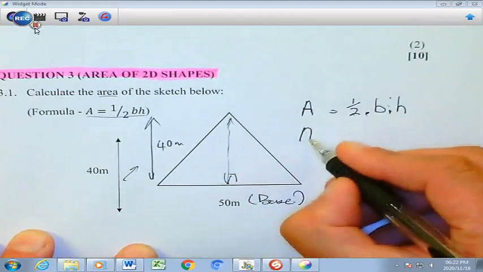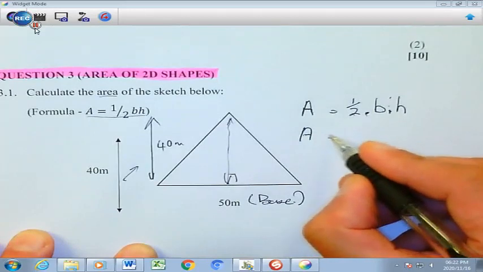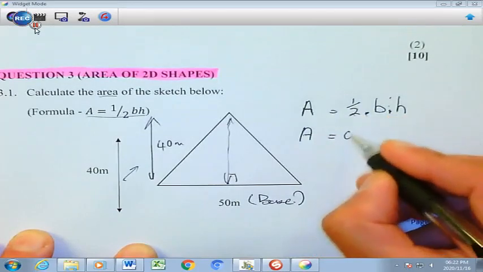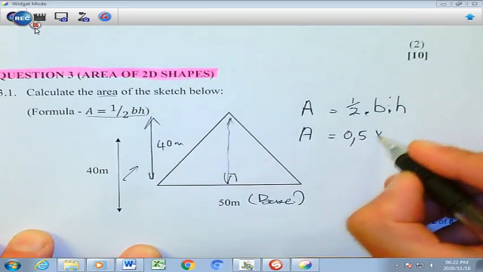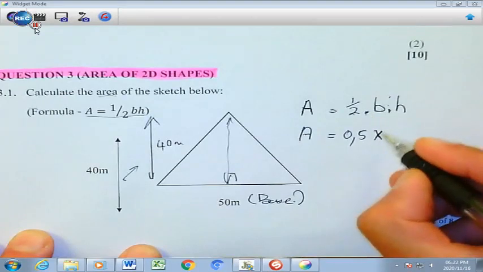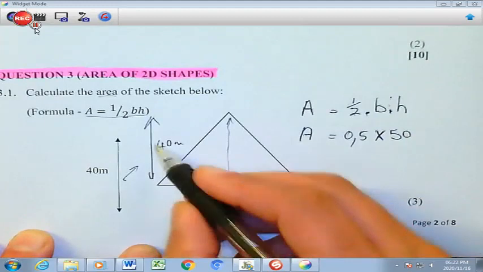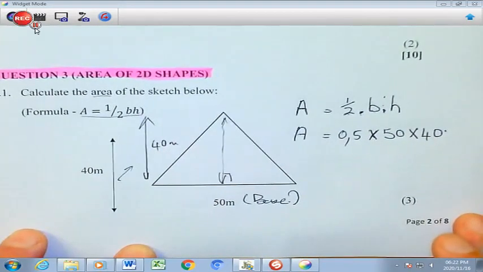So area is the unknown, or the subject of the formula, equals, that I'm going to write as a decimal, which is 0,5. That is a half. I'm going to write times, before the dot refers to times. Your base is 50, and your height is 40. Alright.